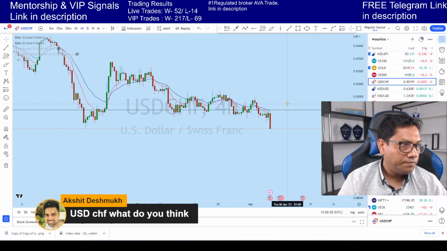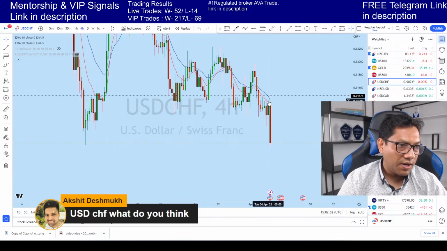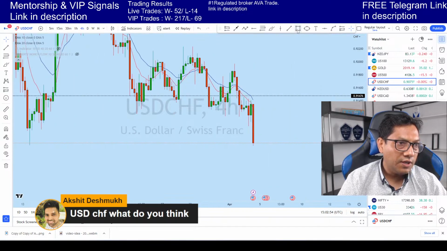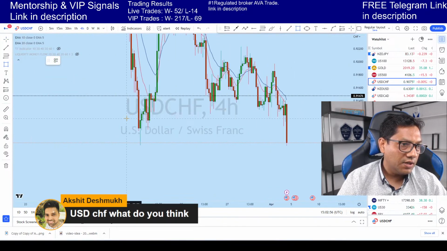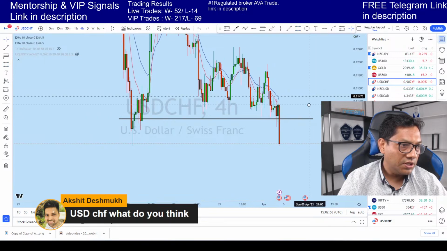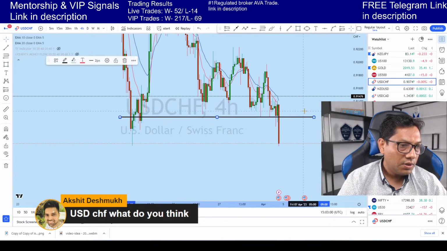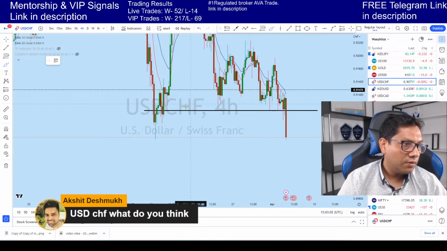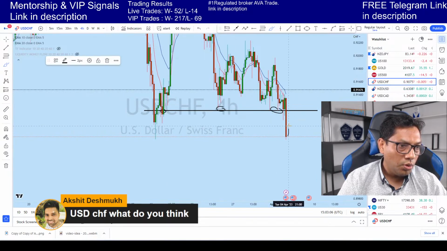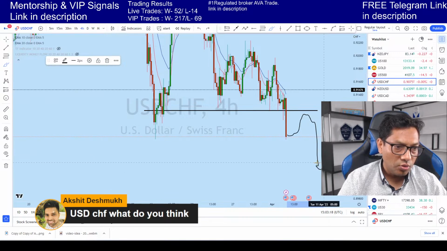Instead, you can see the market has already made a move. This is the support level on USD CHF. With that support here, we could see some pullback to the upside to test it as resistance, or we might see a little bit of consolidation here, and then we can expect to go short.